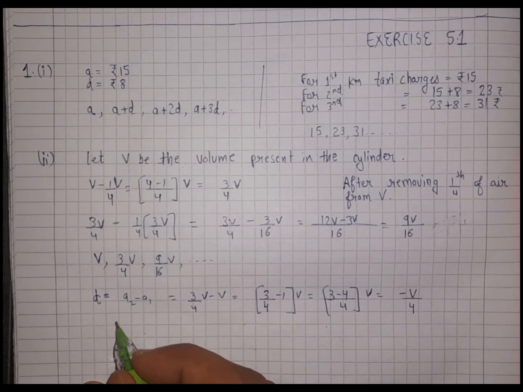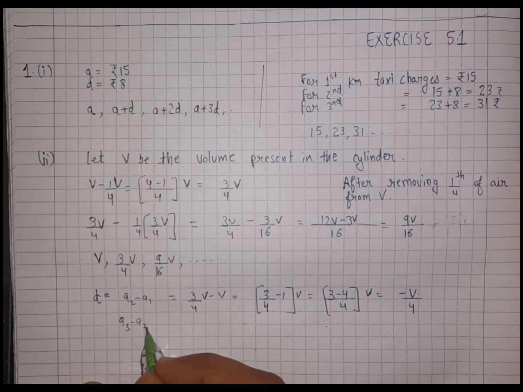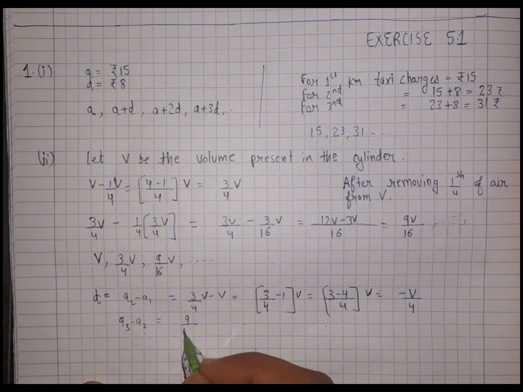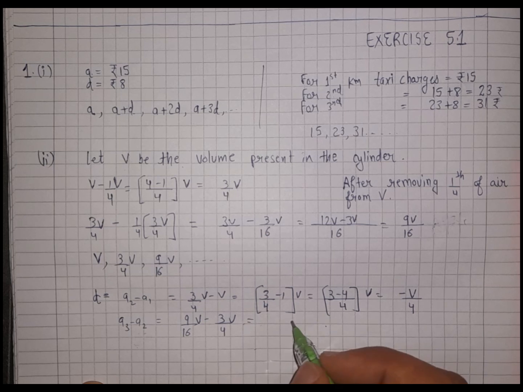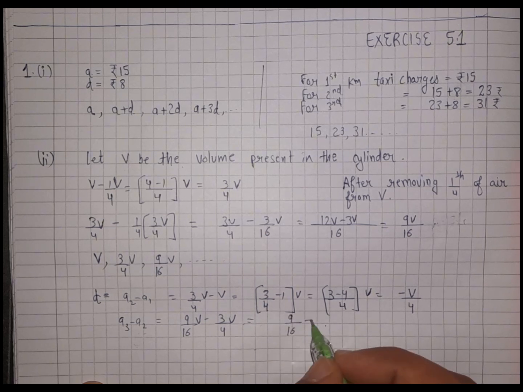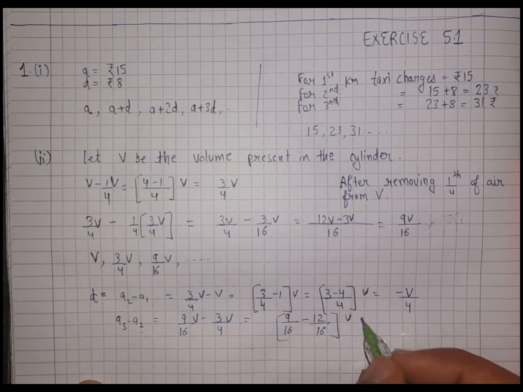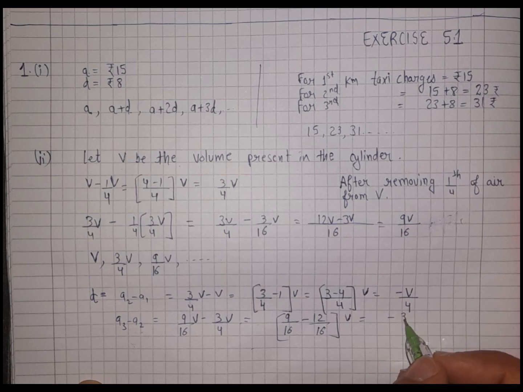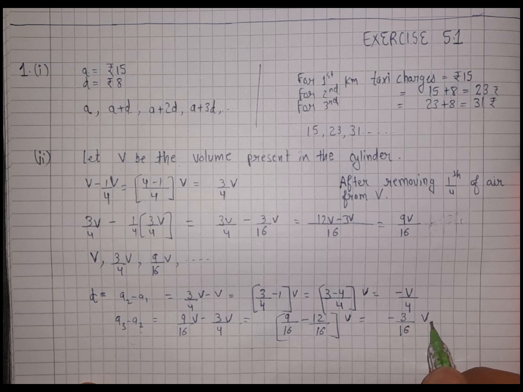And a3 minus a2 equals 9/16 V minus 3/4 V. That is, after taking the LCM, 9/16 V minus 12/16 V, equals minus 3/16 V. Here the difference is not the same.